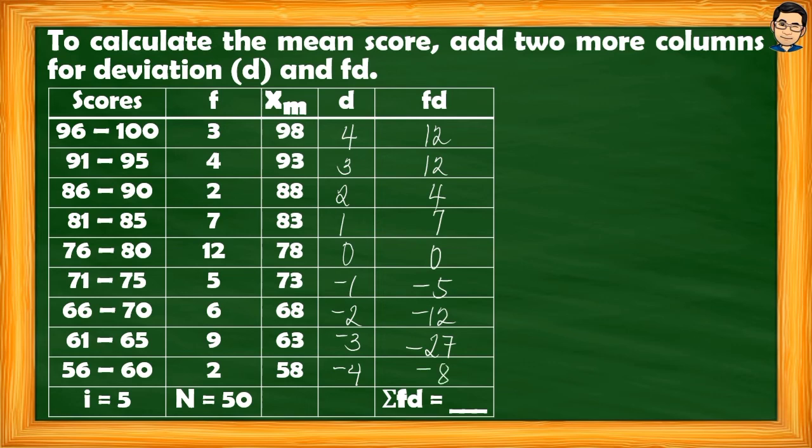The next thing we do here is add everything above: 12 plus 12 plus 4 plus 7. That is 35.